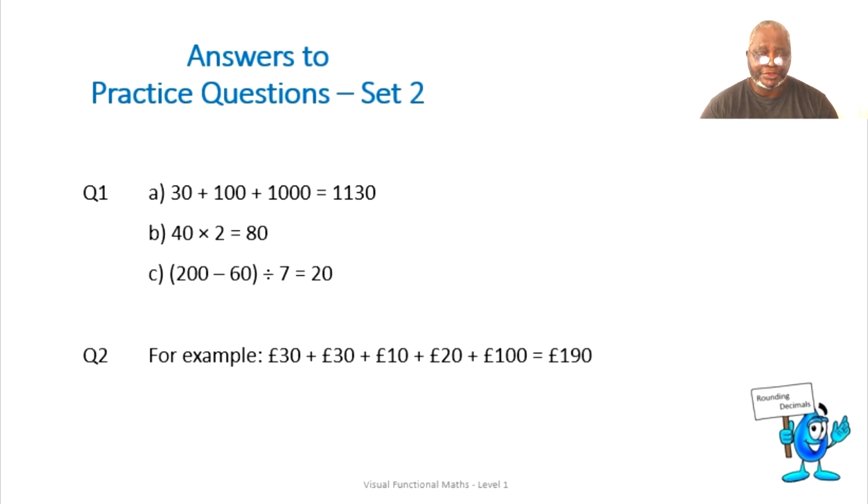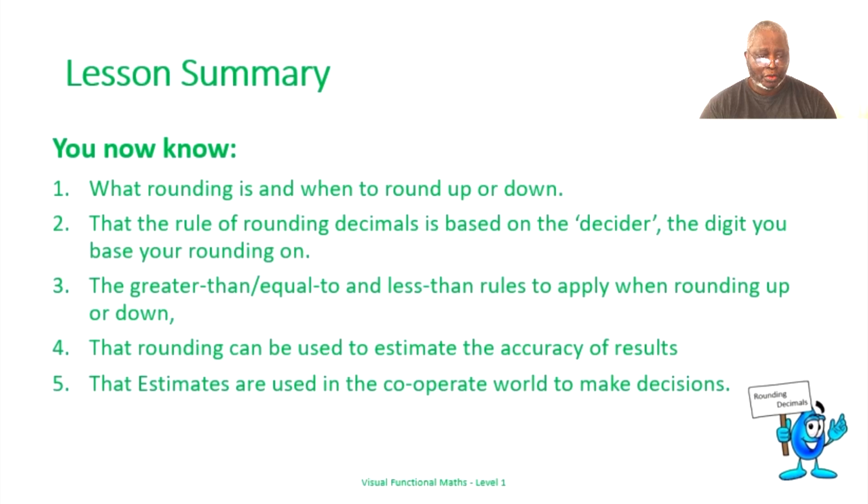So, what have we learned here? You now know what rounding is and when to round up or down. You know that the rule of rounding decimals is based on the decider, the digit you base your rounding on. You also know the greater than, equal to, and less than rules to apply when rounding off.